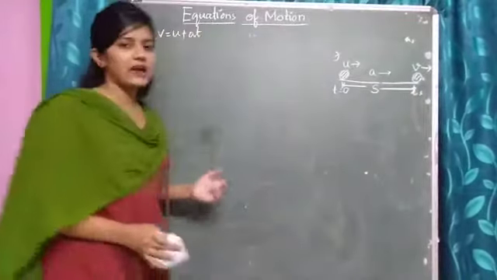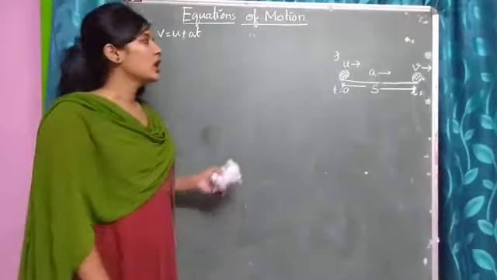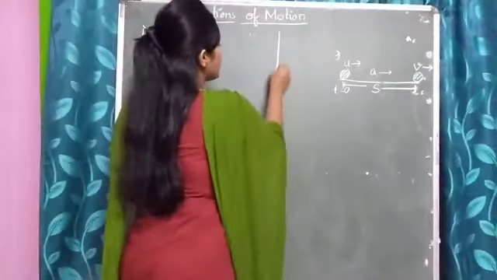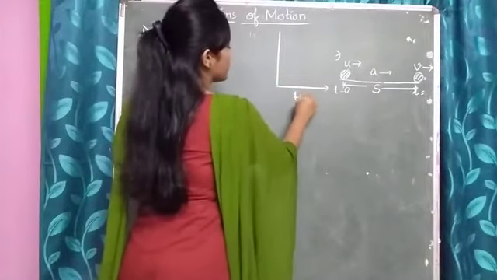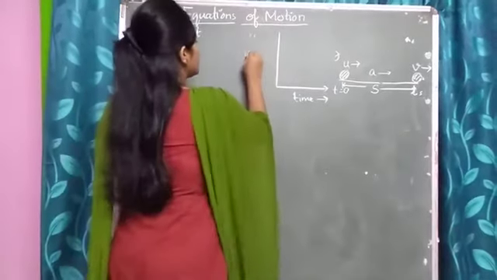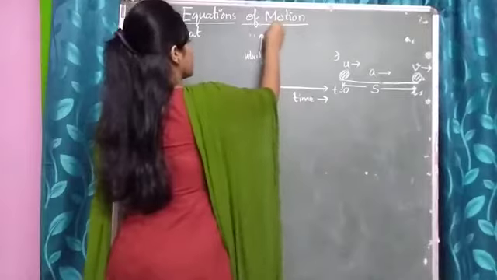So what will be the graph for a body moving with uniform acceleration? I had discussed in the previous class. The graph will be, suppose, the graph of velocity time. So time will be represented along the x-axis and velocity along the y-axis.